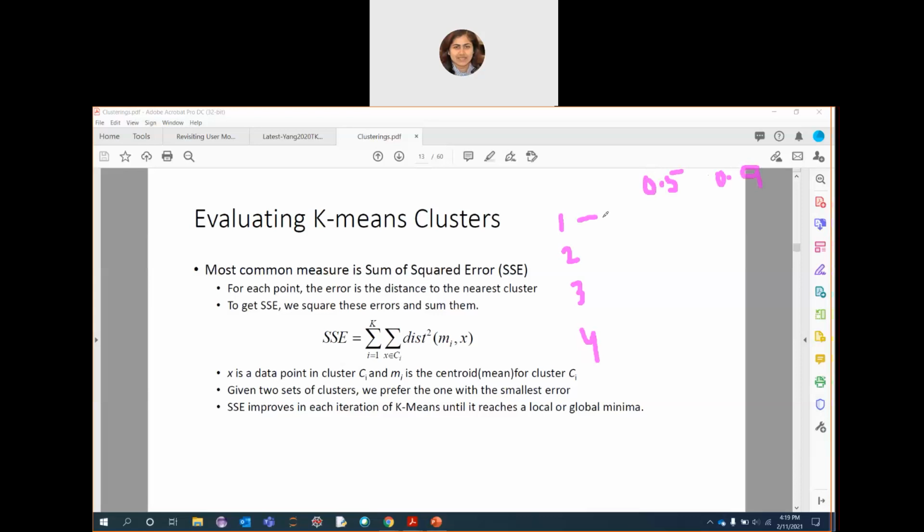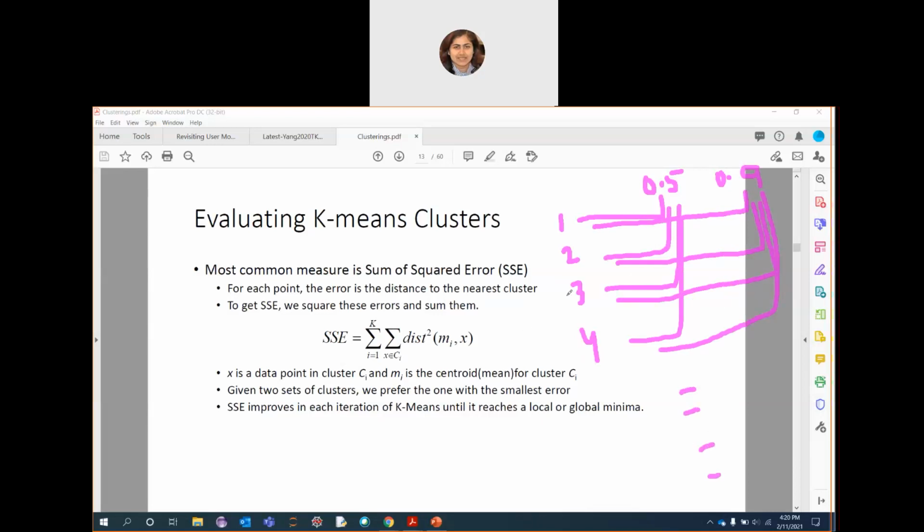First you need to find the difference between each data point and its defined centroids: 2 with this, 3 with 0.5, 3 with 0.9, 4 with 0.5, 4 with 0.9. So each of the distances will be calculated for the 4 data points with respect to the centroids.